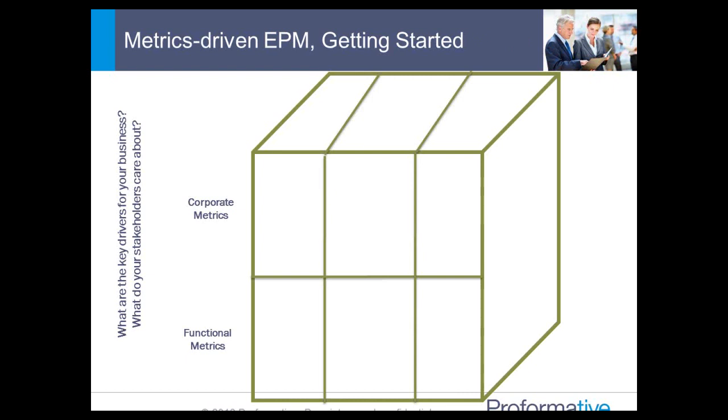So we could have corporate metrics, functional metrics, and even some external metrics if they're particular drivers for your business. And then we need to look at how frequently we are delivering this information. It could be daily, weekly, monthly, annual information, whatever the time frame is.